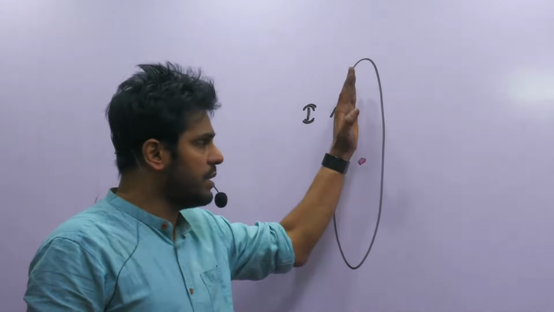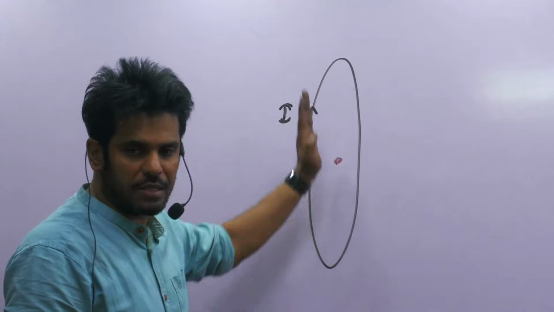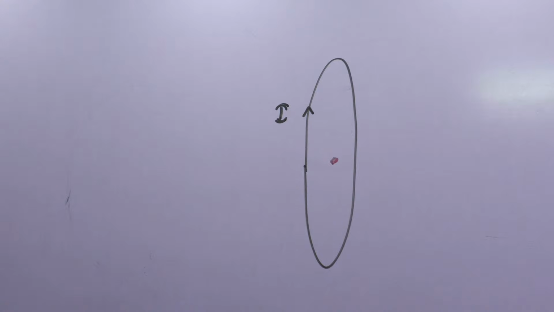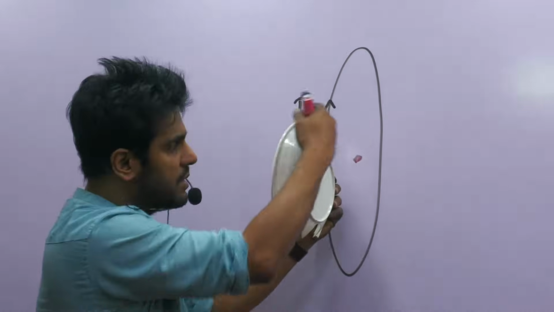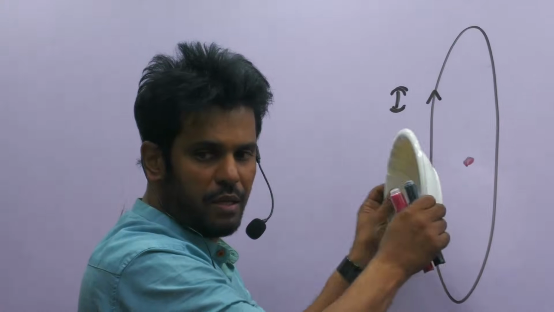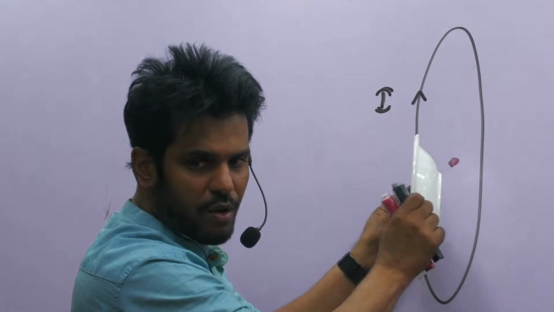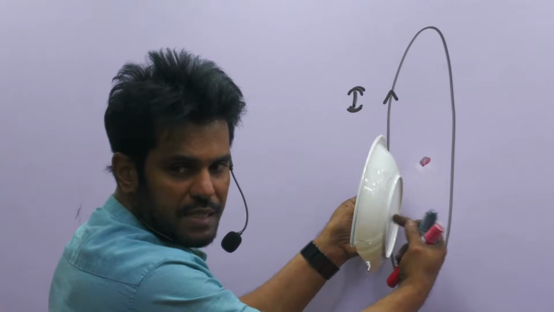Assume that the loop is parallel to the vertical direction, like this. Now we are going to label the direction of magnetic field at this center.